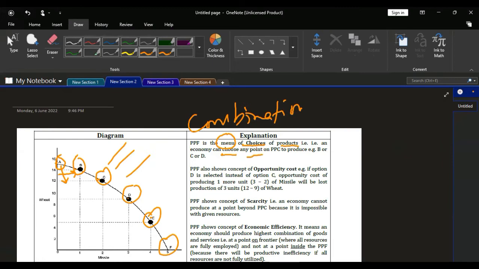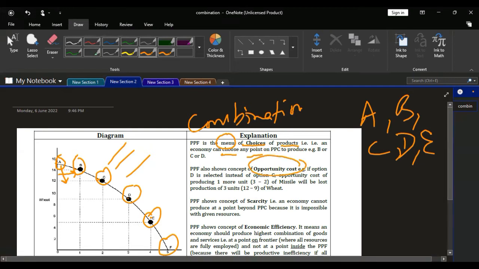For example, an economy can choose point A, B, C, D, or E, depending upon the need of the hour. This curve also shows the concept of opportunity cost that we have already studied in the previous slide, where in order to increase the quantity of missiles, you have to decrease the quantity of wheat.